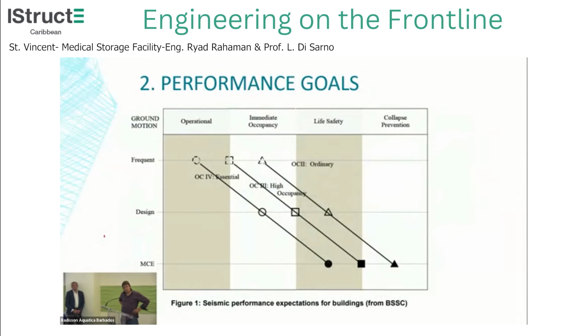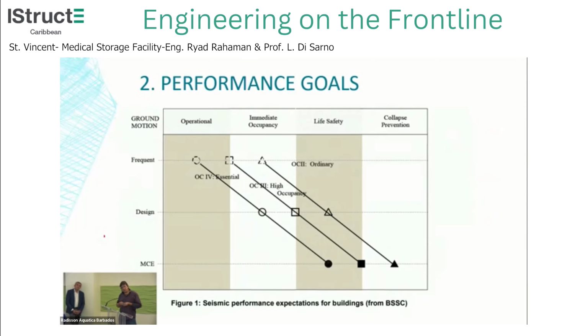Right, performance goals. This is a performance matrix from the Building Seismic Safety Council in collaboration with NARP in 2009, which asked what the actual performance is if you use ASCE 7 prescriptive designs. Let's build a matrix of it.